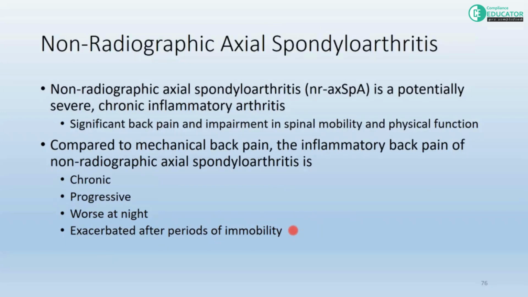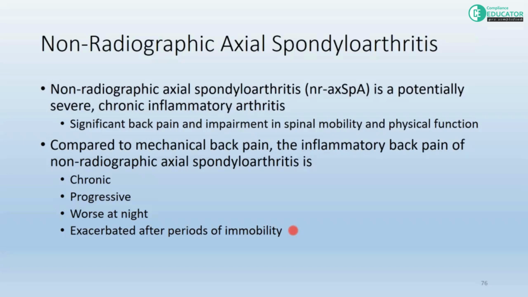Okay, non-radiographic axial spondyloarthritis is a potentially severe chronic inflammatory arthritis. It primarily affects the joints within the trunk area. It causes unyielding, non-mechanical back pain and has a progressive diminishing of spinal mobility and physical function.